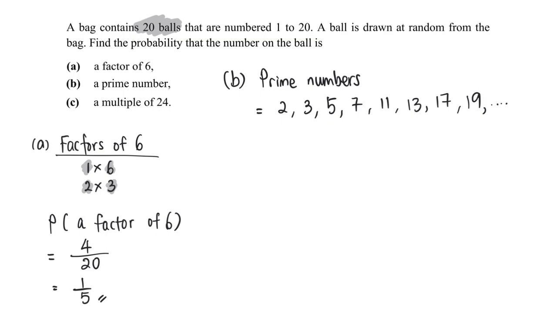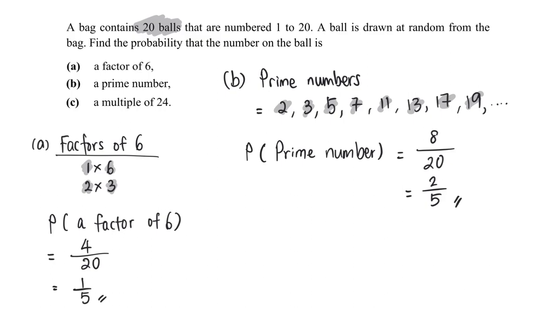So how many are there? 1, 2, 3, 4, 5, 6, 7, 8. So there are 8 numbers out of 20 that are prime numbers. So this will be the probability. Okay, 2 out of 5, simplest form.